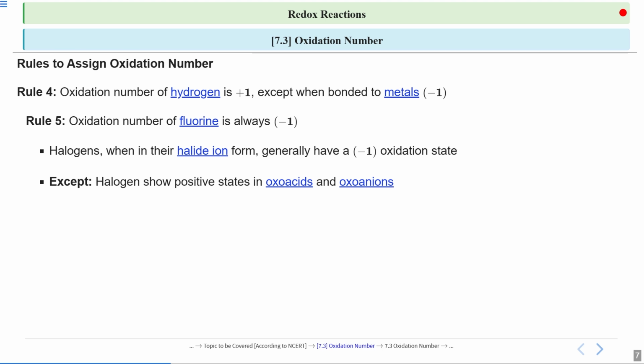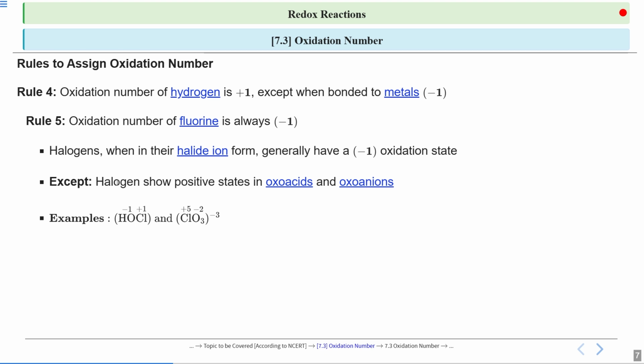Let me give you an example of chlorine forming oxoacids, like HOCl and ClO3 -. What you can conclude here is that in HOCl, that means hypochlorous acid, chlorine has an oxidation state of +1.